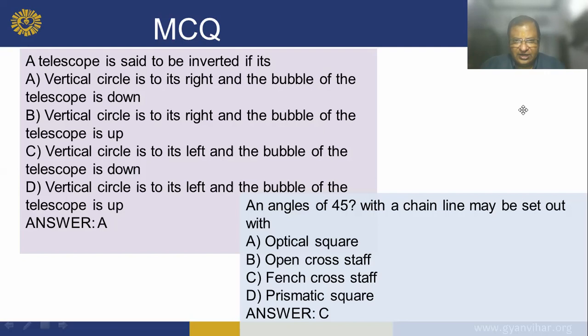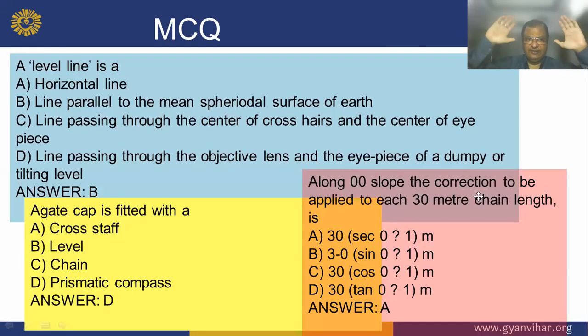Now an angle of 45 degrees with the chain line may be set out with. What is the correct answer? Correct answer is C, French cross staff. And next, a level line is a horizontal line.